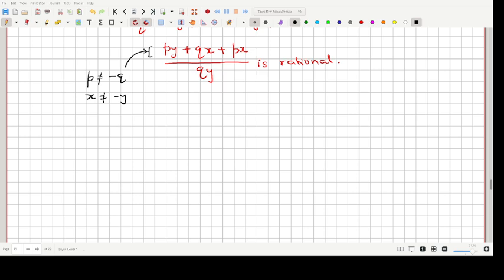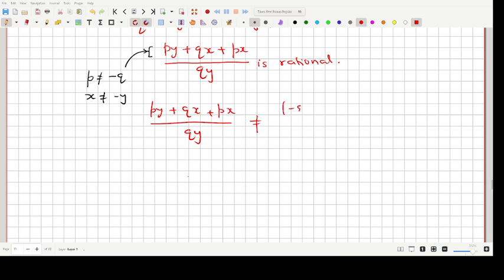So let us try to substitute these values in the numerator and see what we can get. So this rational number, py plus qx plus px divided by qy, is not equal to, substitute p by -q.